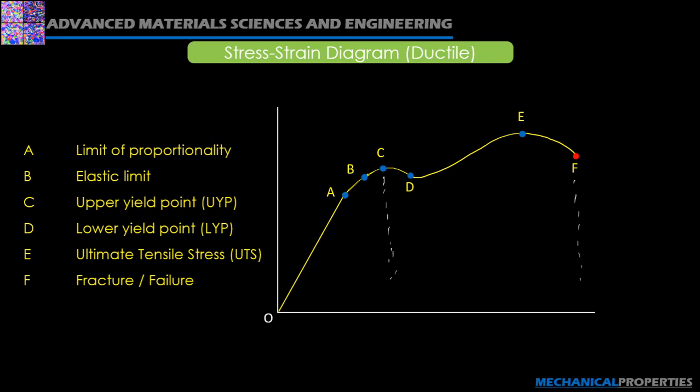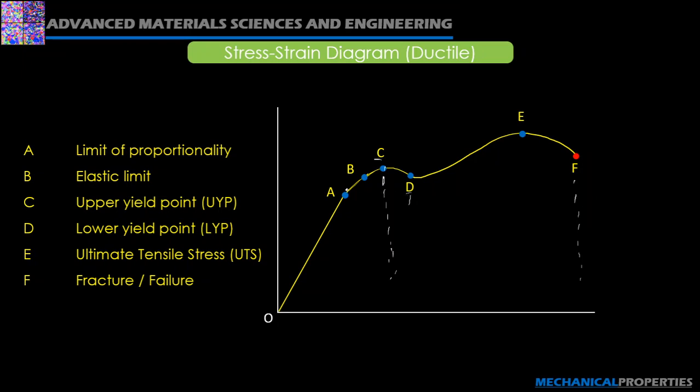And for ductile materials the stress value at the lower yield point is taken as the strength criteria. Now we have two yield points here, C and D. C is the upper yield point and D is the lower yield point.